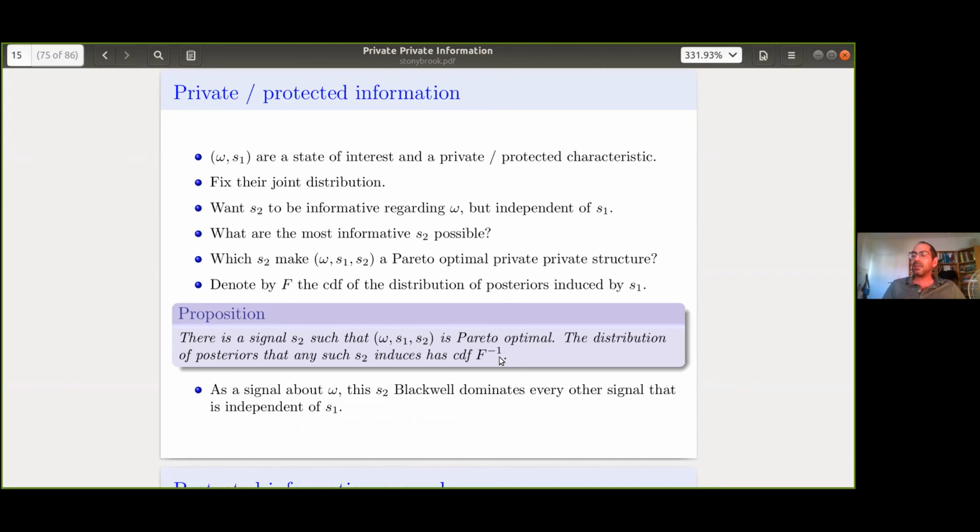Okay. If I told you the wrong thing, I'll get back to you on that. This is somewhat surprising. Maybe Fedor in the audience knows better and can put in the chat whether this proposition is independent of the prior, or Kevin, but I think so.